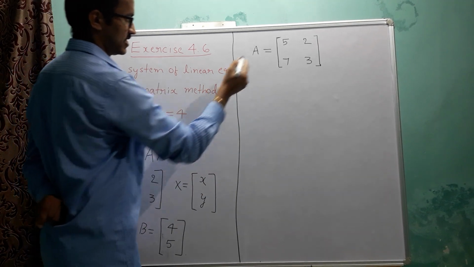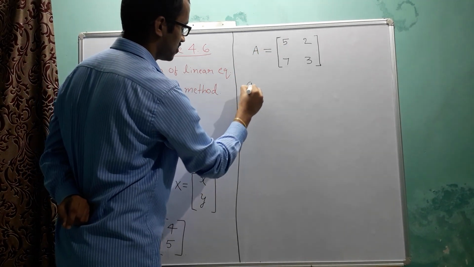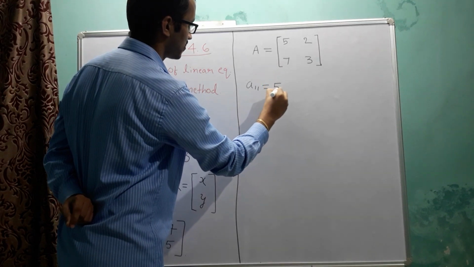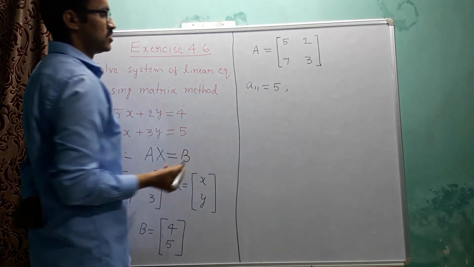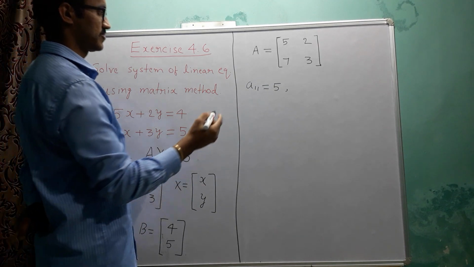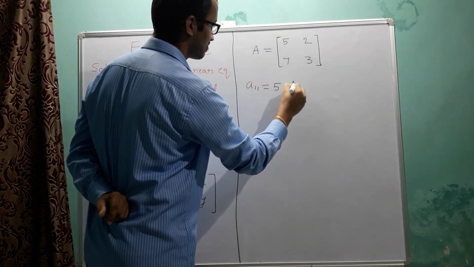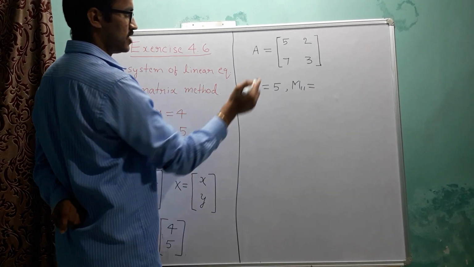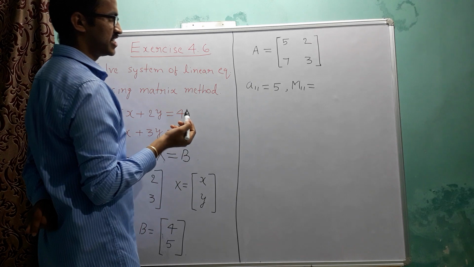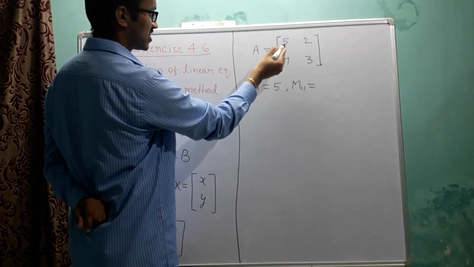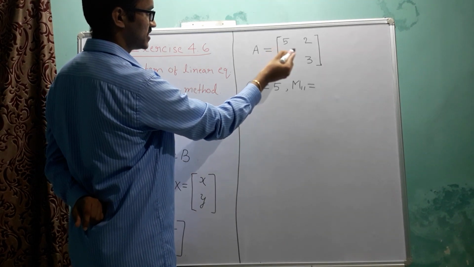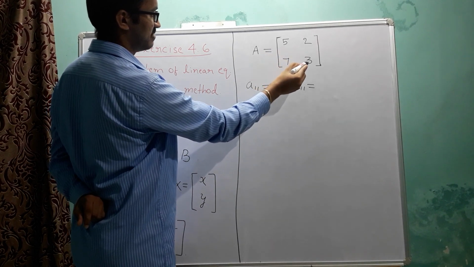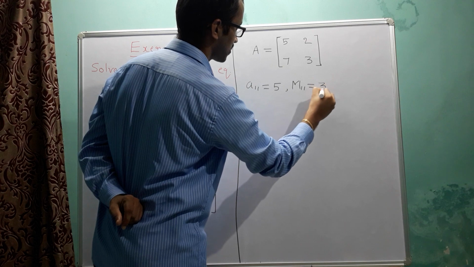So the first element in the first row, that is A11 = 5. The corresponding minor, we denote it by M11. For a matrix of order 2, the minor of this element 5 is the diagonally opposite element, which is 3.